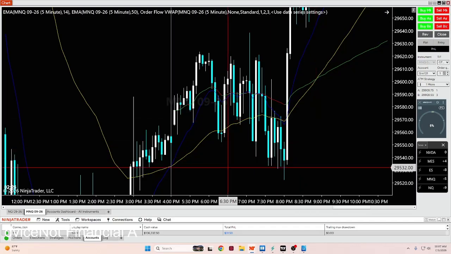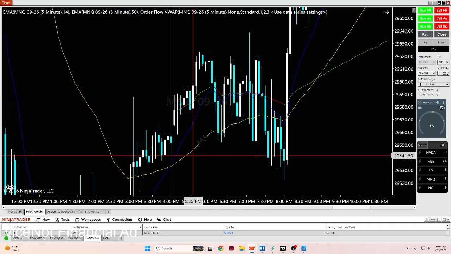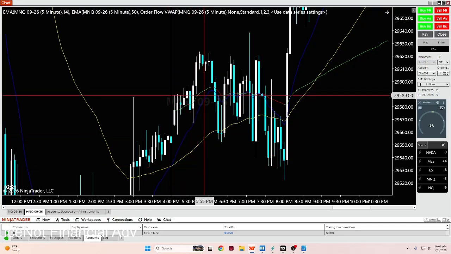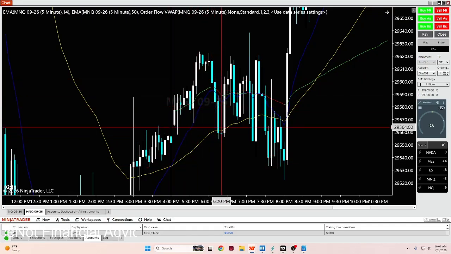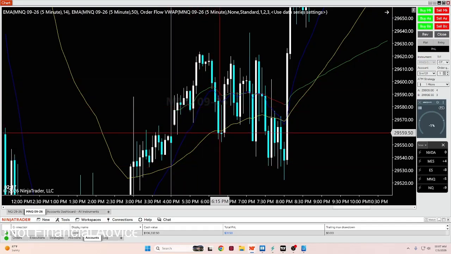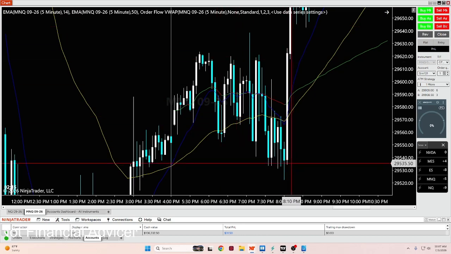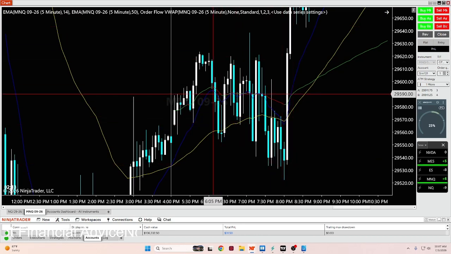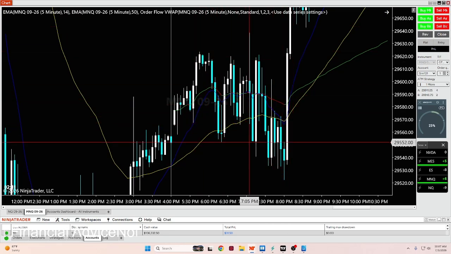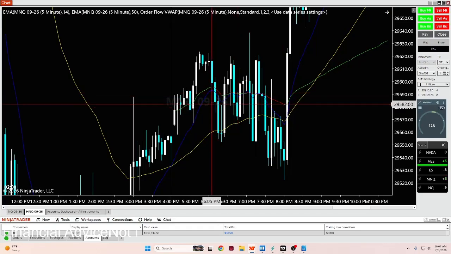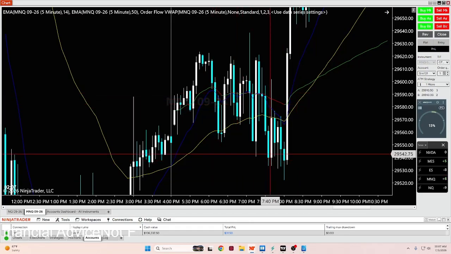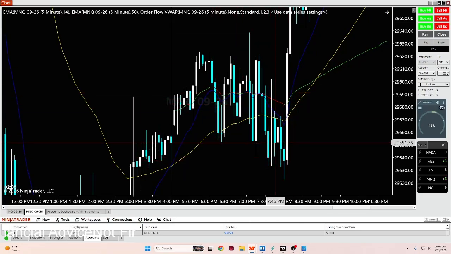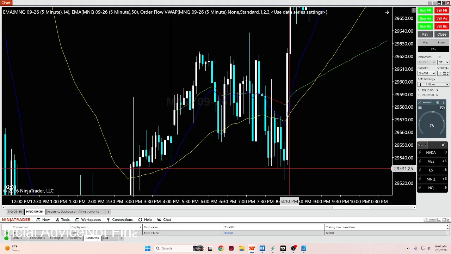Another way to do that is looking at the 50 as well, because the 50 never did cross up here. It pushed and bounced, and then kept bouncing, and then it finally crossed down here. If you're trading E-mini, you would have got killed on this, but with micros, you can hold in for a little while, and either A, get in and hold it and let it go in your direction, or B, it's going to hit your stop loss.